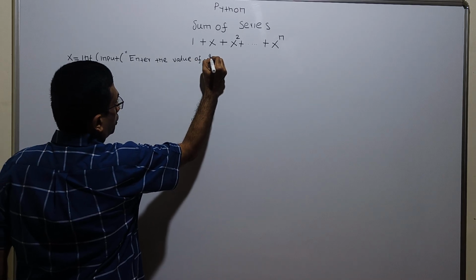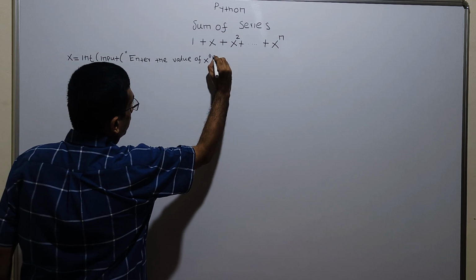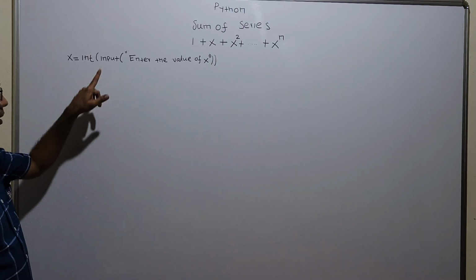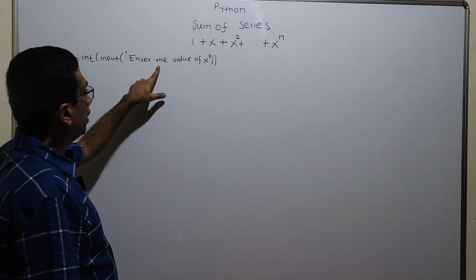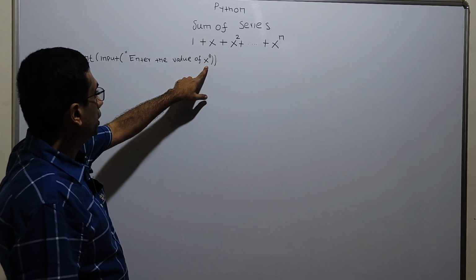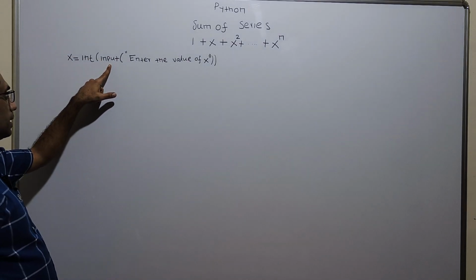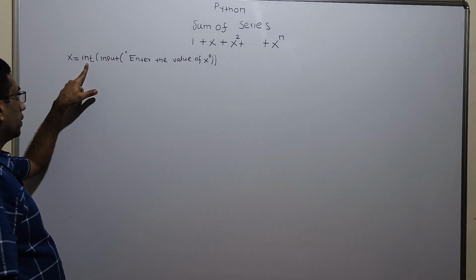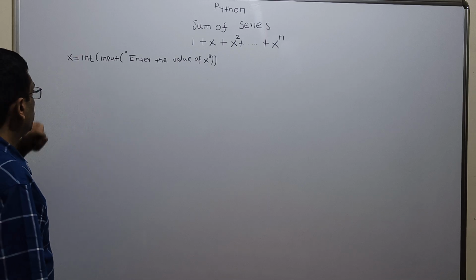I am closing the double quotation, closing the input statement, and closing the int function. The input statement will display the string "enter the value of x" on the user's console. When the user enters the value, the input statement receives it as a string. The int function converts it into an integer and stores it in the variable x.